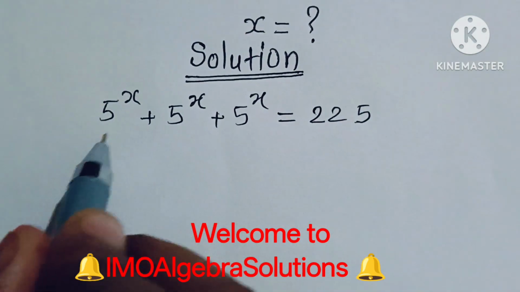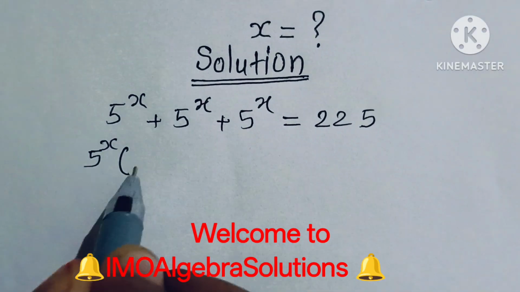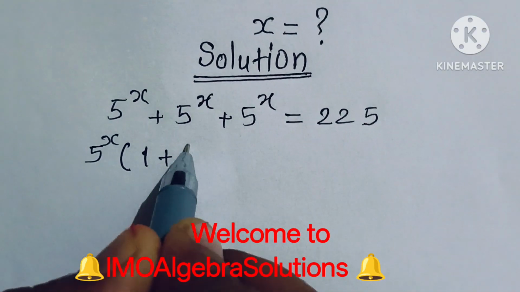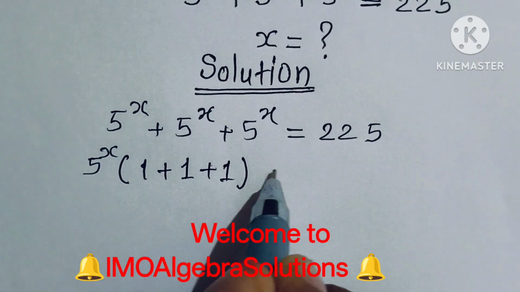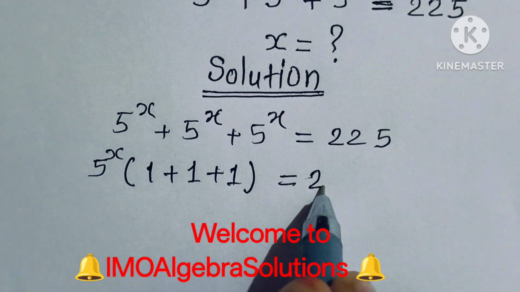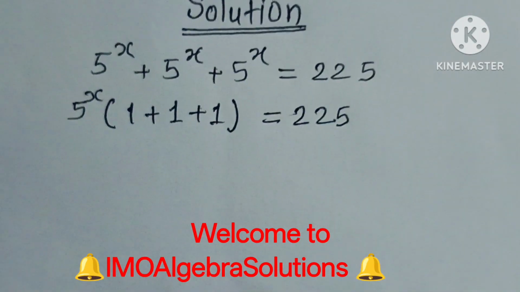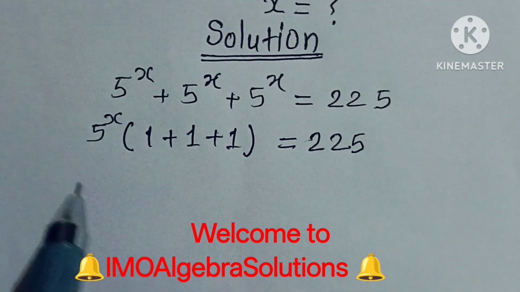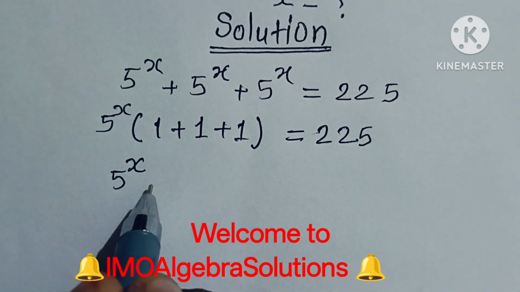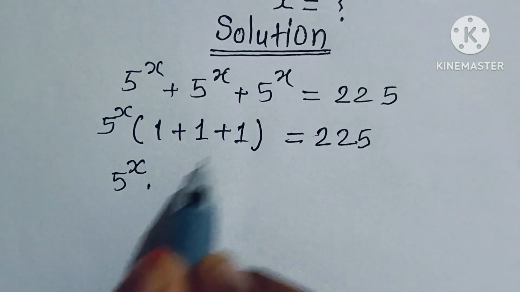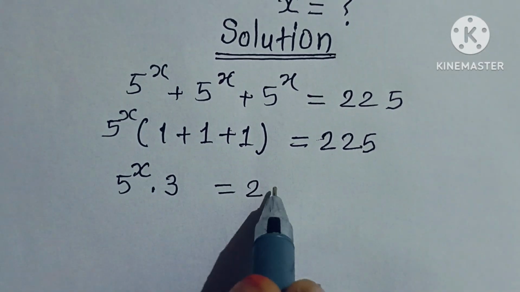Now take common 5 raised to power x in bracket 1 plus 1 plus 1 equal to 225. Now 5 raised to power x into 1 plus 1 plus 1, that is 3, equal to 225.